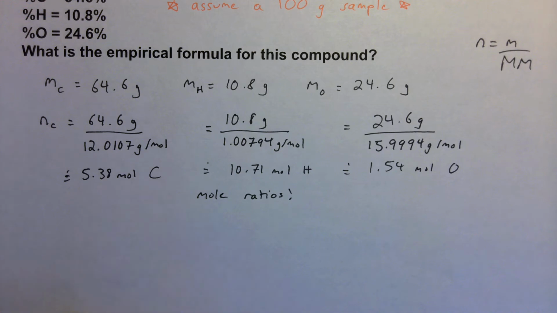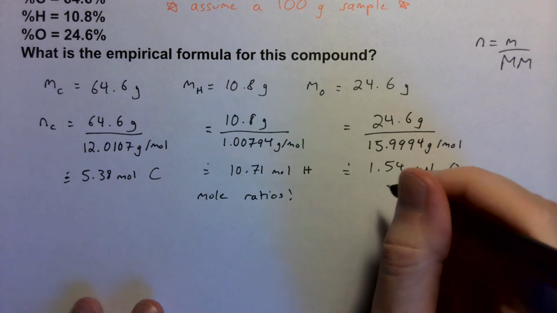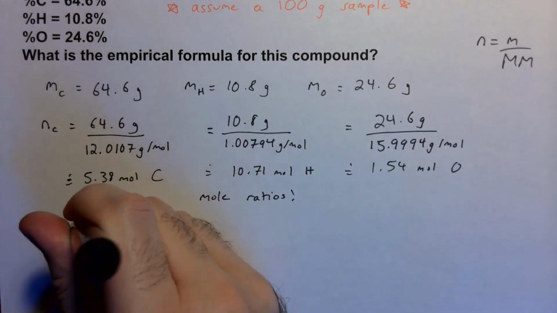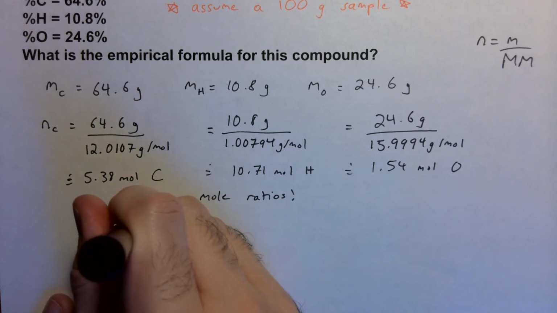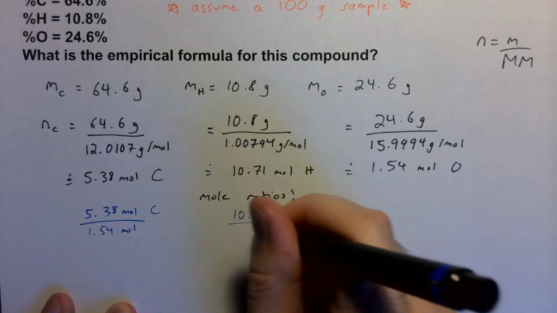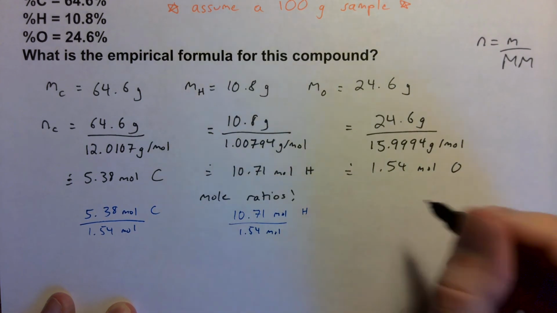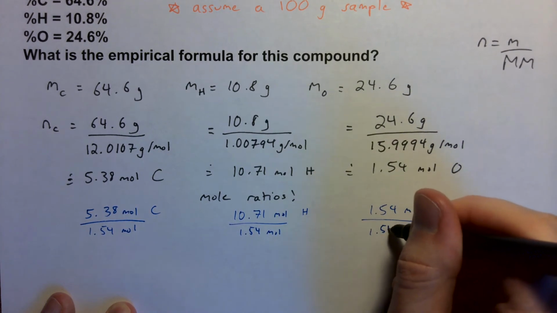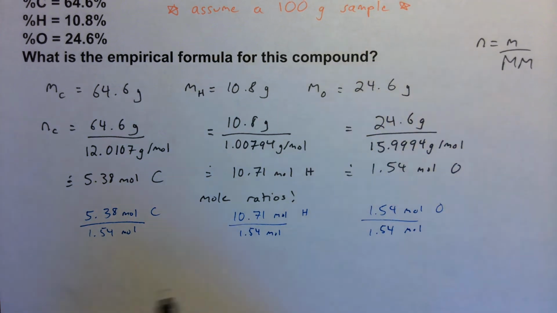So if we want mole ratios, we'll say 5.38 moles carbon. So when you type all of these into your calculator, you will get the relative proportions of each of these elements.